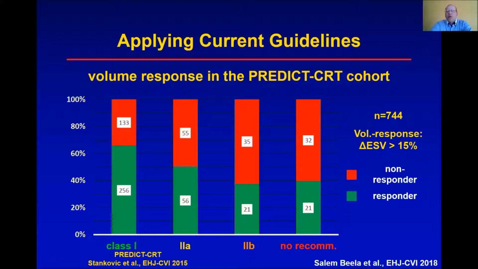And what was also frightening is that even among patients who had a contraindication for CRT implantation according to the guidelines, we had responders. So our guidelines are not sensitive enough. We miss patients that might benefit from the therapy, and our guidelines are not specific enough because we implant too many CRTs in patients who do not respond.